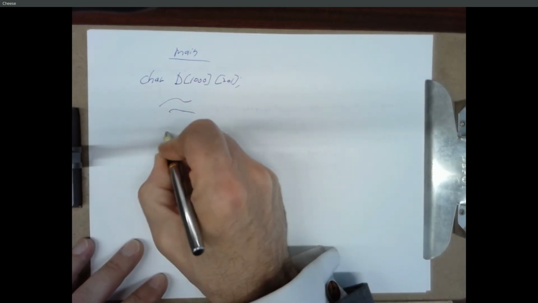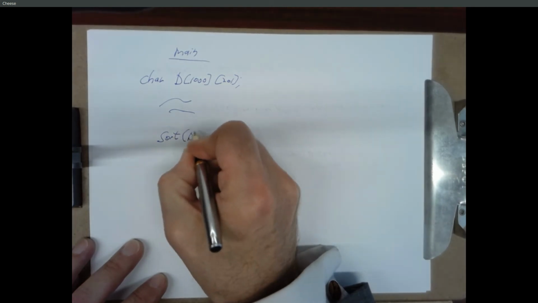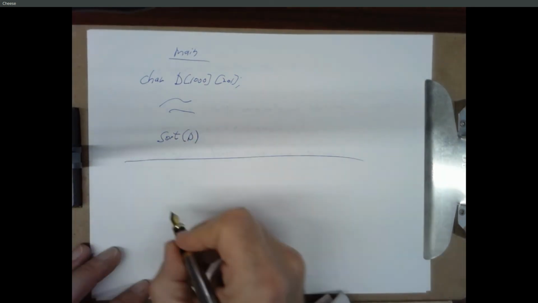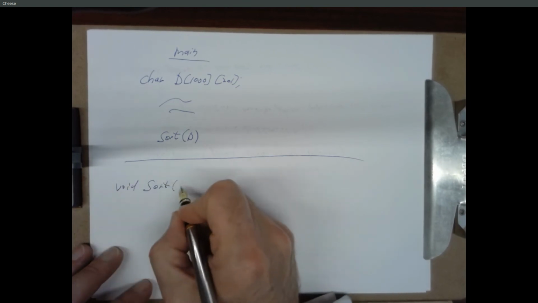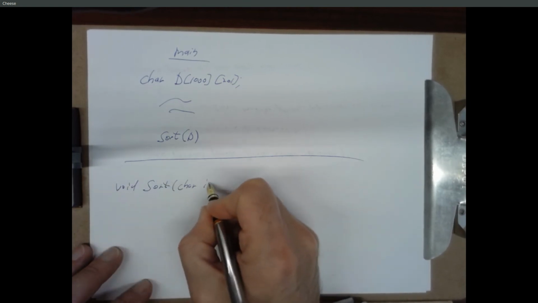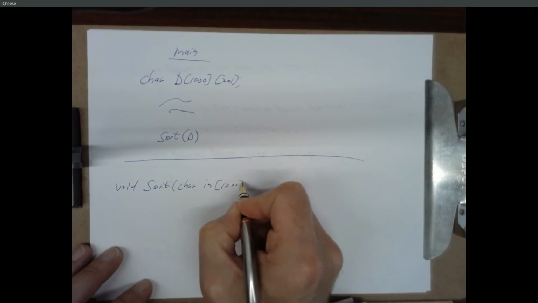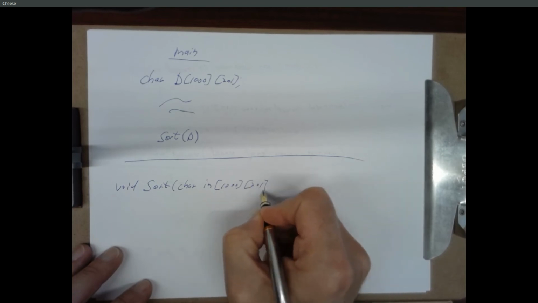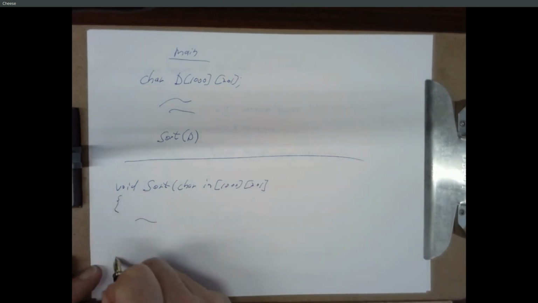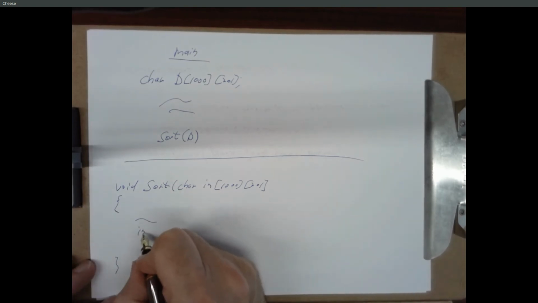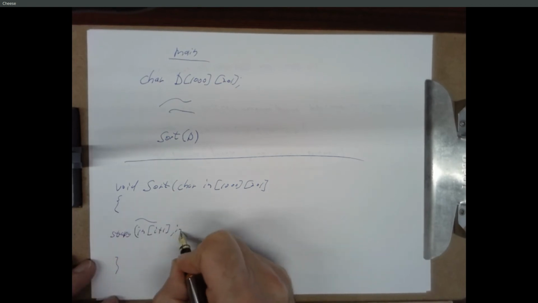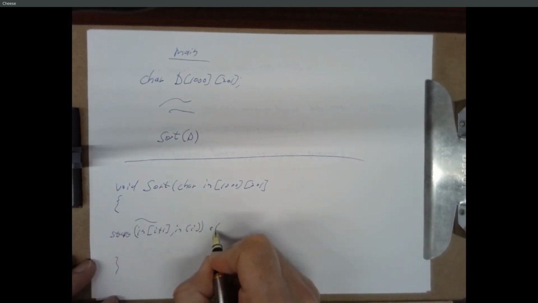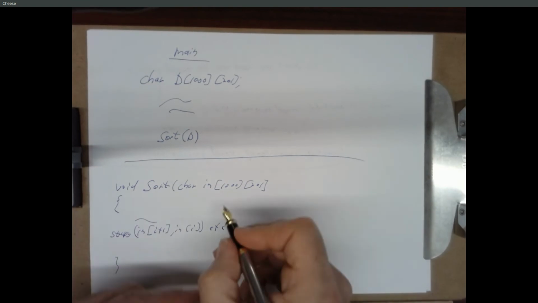You do stuff, and now you say sort D. In your sort function, you say something like d[i + 1], you make changes to this array.